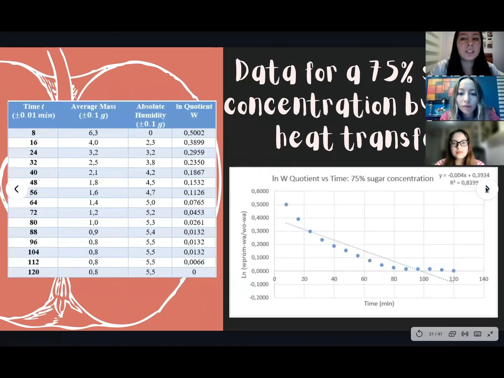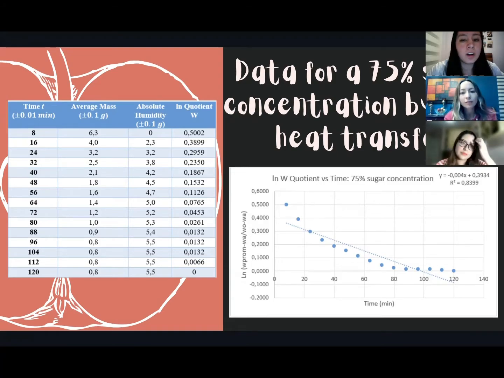Now for the next case, in which we've got 75% sugar concentration by oven heat transfer, the situation is very similar, and the mass has increased as well, and also the water loss, as we can all see. This graphic gives a perspective of the water loss during the experiment, and it is shown that at the greater sugar concentration, the water loss is less than in the other cases with a much lower concentration.